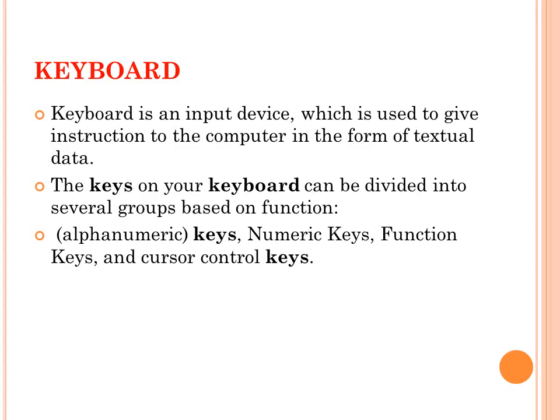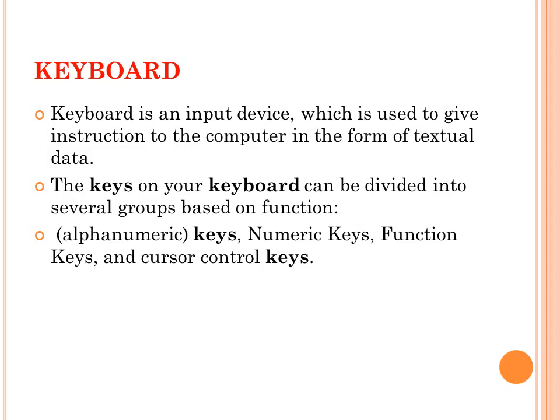The layout refers to the arrangement of keys on the keyboard, which is different. Our keyboard has 101 or 104 keys. It is the main input device which is used to enter instructions into the computer. Without a keyboard, we cannot write or type onto the computer.